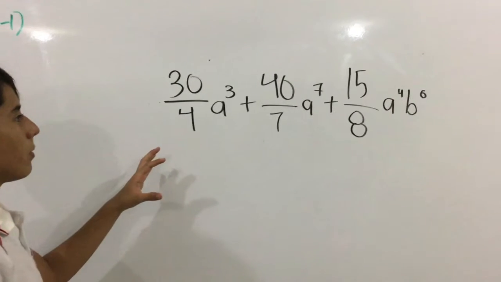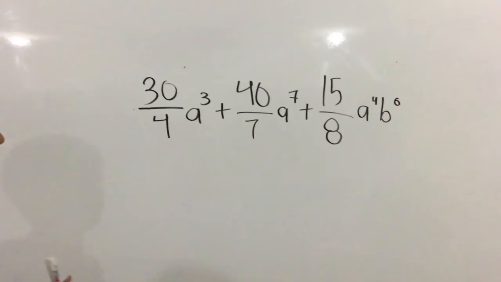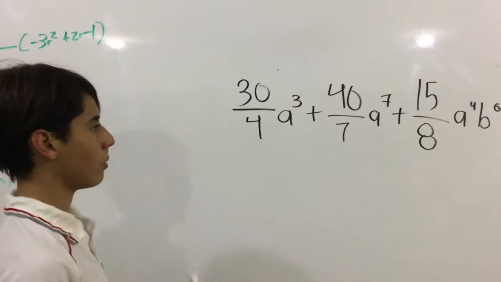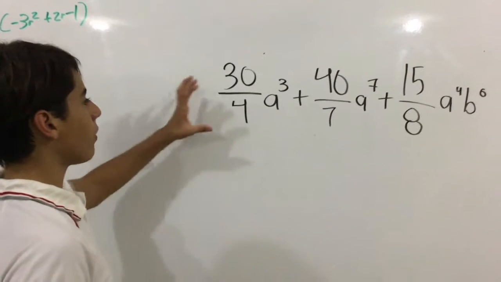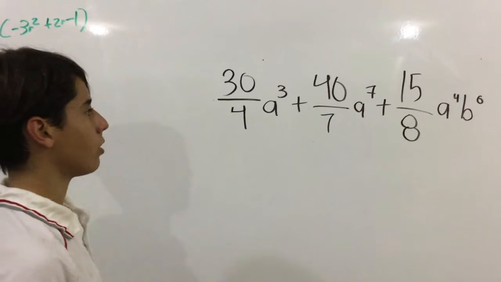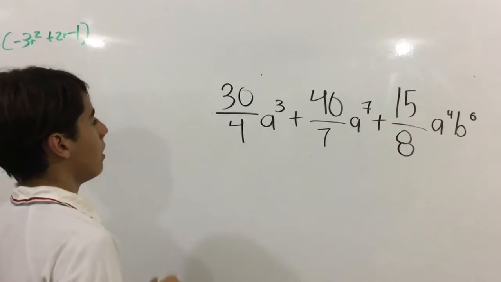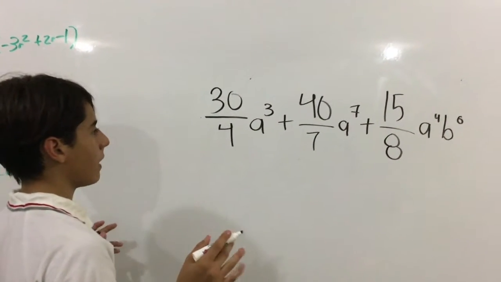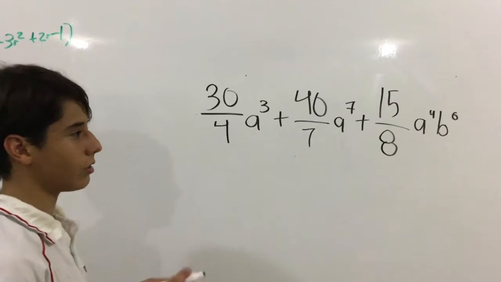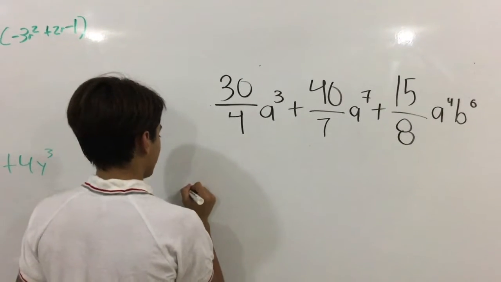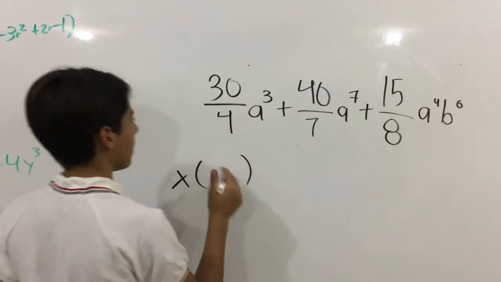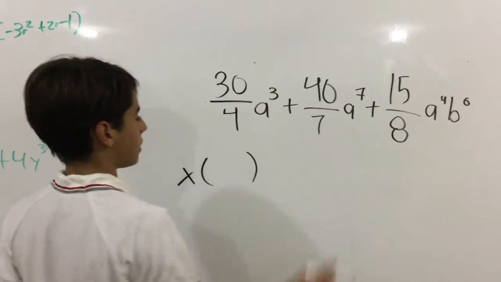Now in this problem, we need to factorize. We can see there are coefficients and variables. Each fraction means there is a coefficient, so we have 3, and we need to factorize from up to down. In this case, we will apply the parentheses or distributive property, such as x and parentheses, to give these all fractions.